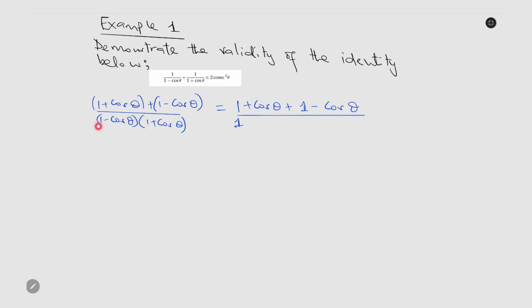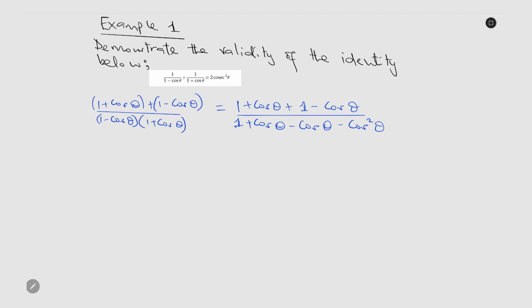Okay, 1 times cos theta, positive cos theta, so plus cos theta. Okay, negative cos theta times 1, negative cos theta. Okay, negative cos theta times cos theta, negative cos squared theta.